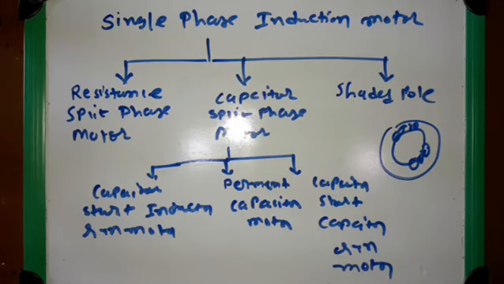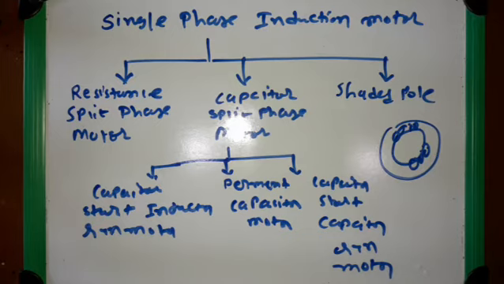In capacitor start induction motor, we use a 250 microfarad capacitor connected in series with the starting winding. The current taken by the starting winding is leading the voltage, while the running winding current is lagging the voltage.